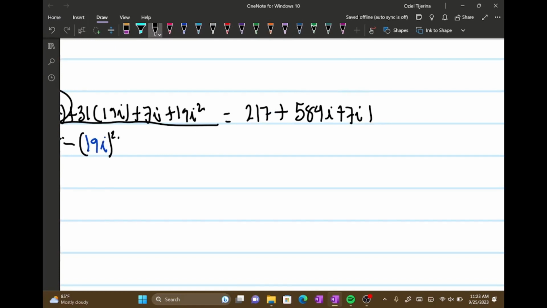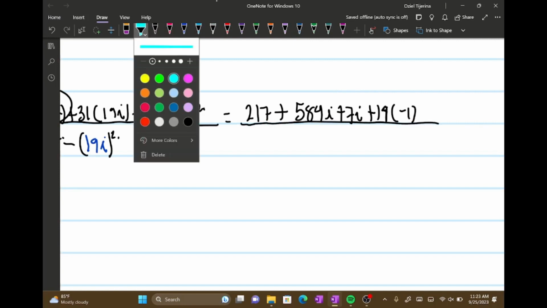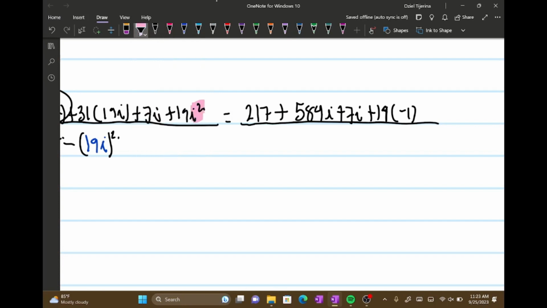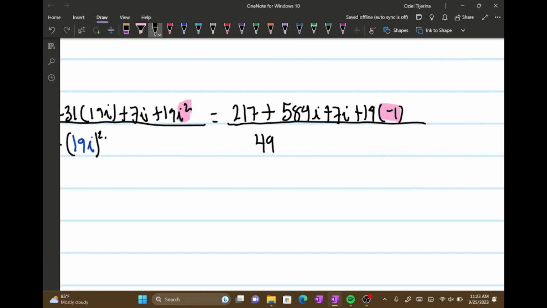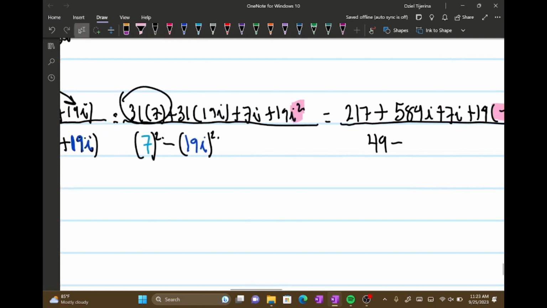And then plus 19 times negative 1, because i squared becomes a negative 1, if y'all remember, like I said earlier. That's why. So it's going to be over 49, because that's 7 squared.